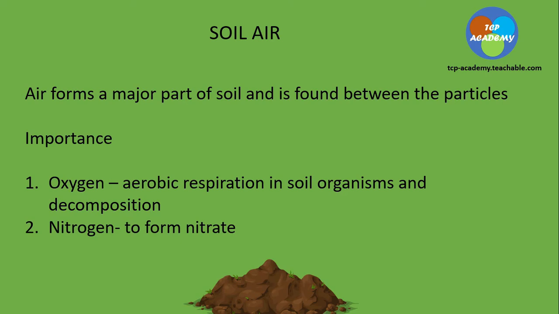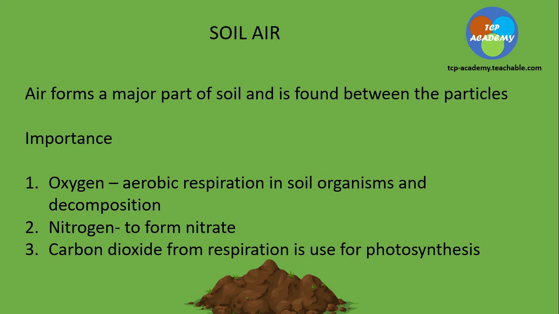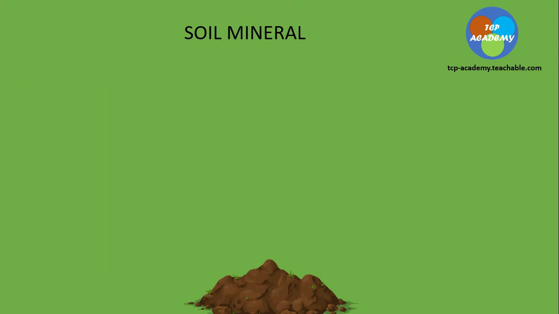Nitrogen is important for the soil as plants are using the nitrate to, of course, make nitrogen. Carbon dioxide is another important gas from respiration, and it is used in the process of photosynthesis.